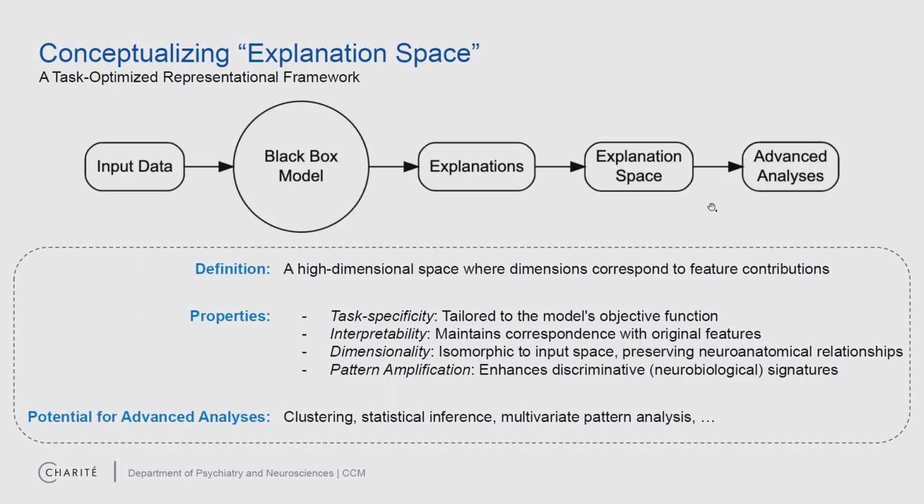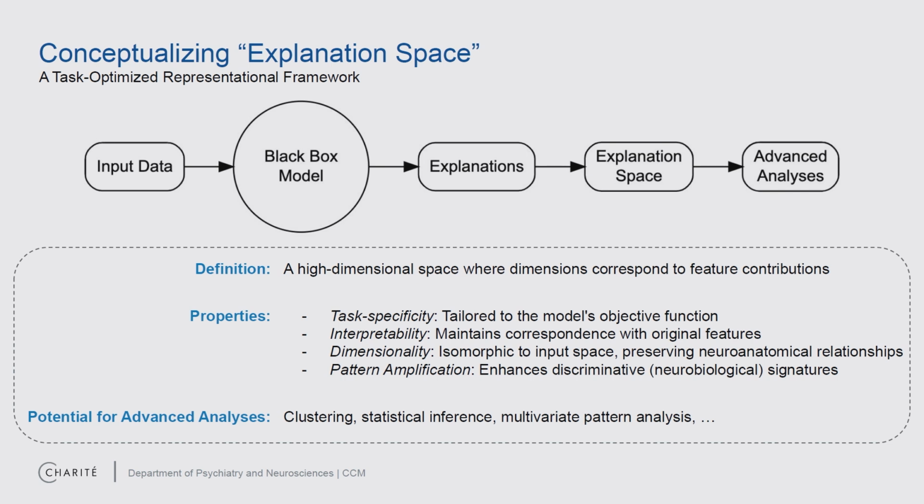In a first step, let's formalize this a bit and then think about what this concept of an explanation space might actually mean. Just as the input data that we use for our models can be considered as points in feature space, the model explanations can be considered points in explanation space, right?